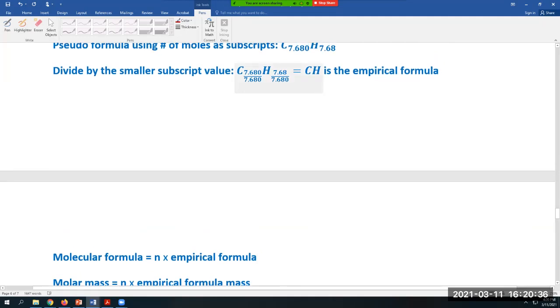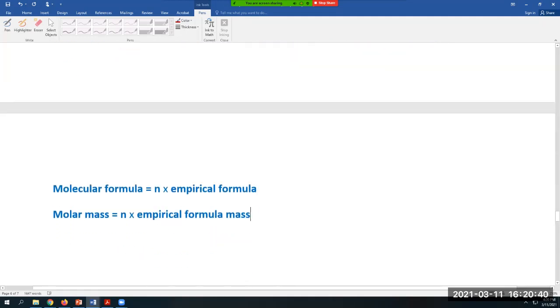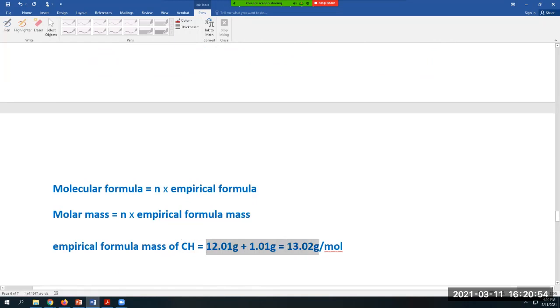The empirical formula was CH. So that means the empirical formula mass is going to be just the mass of carbon plus the mass of hydrogen. So 12.01 grams plus 1.01 grams, and that's 13.02 grams per mole of this formula CH.